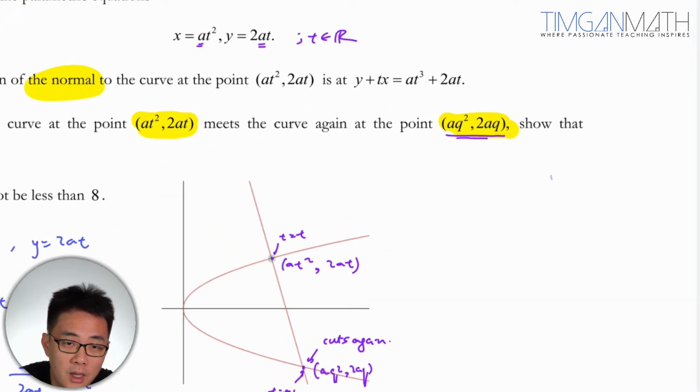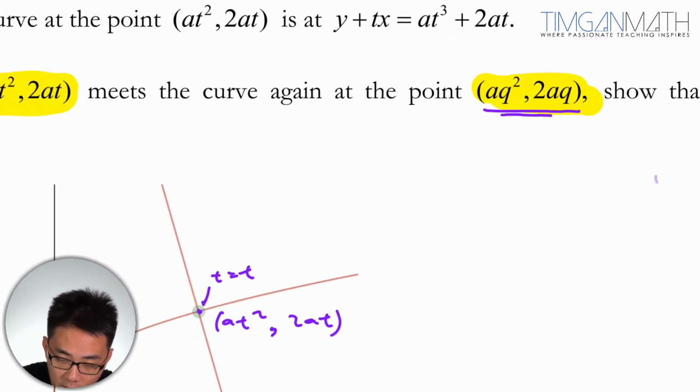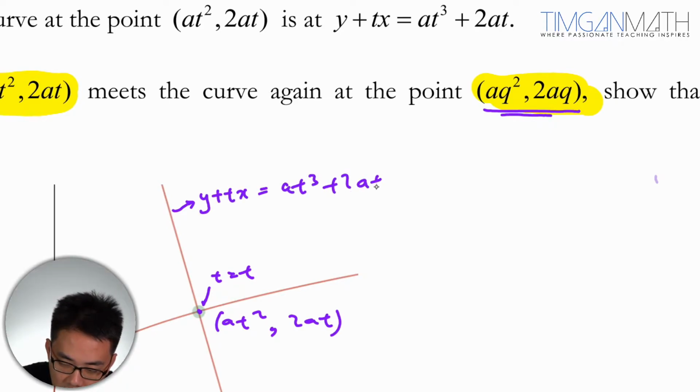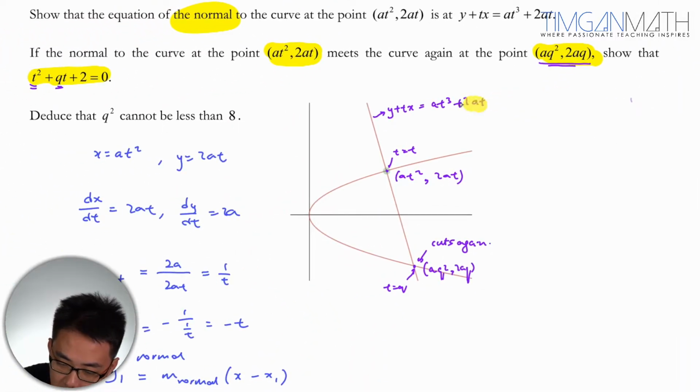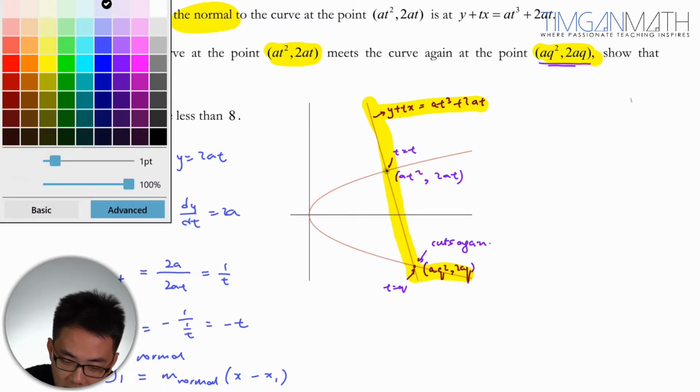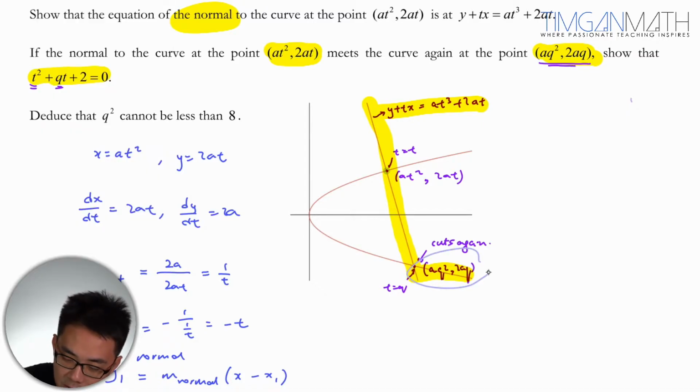That's pretty okay. Now this curve equation, we already know as y = 2at, x = at³ + 2at. Now if this normal line cuts the curve again, very simply put, this point will satisfy the normal equation.